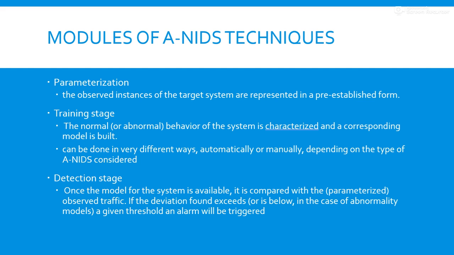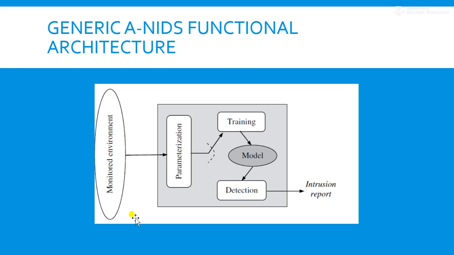Although different anomaly based approaches exist, in general all of them consist of the following basic modules or stages that are shown here: the parameterization stage, then the training stage, and then the detection stage, as shown in this diagram. Parameterization to training to detection.